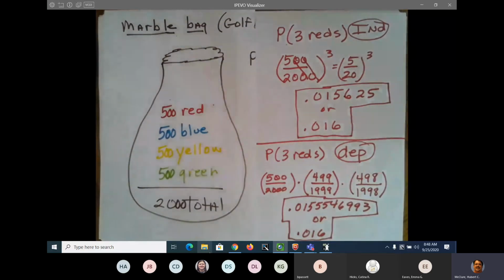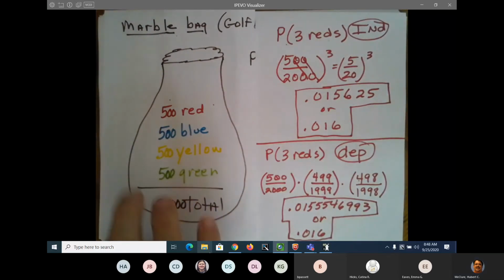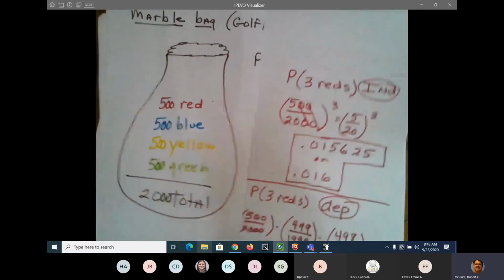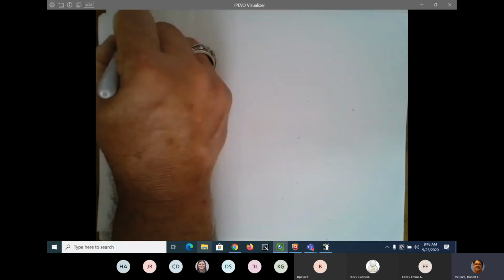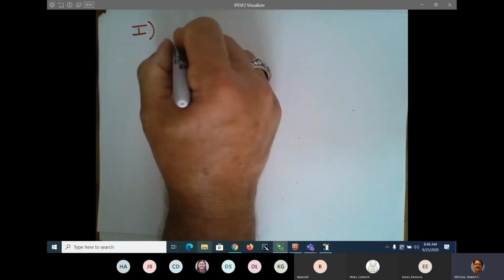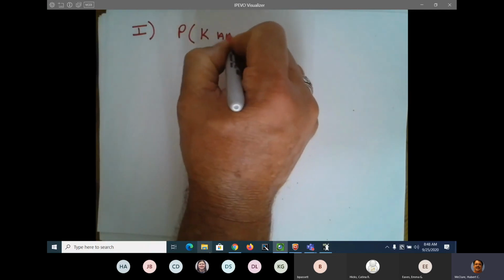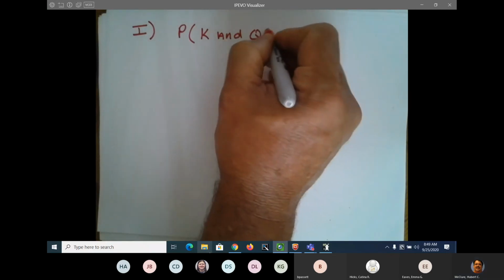Question on that one? So there's several types of questions in this section, 5.3. What types are they again? Well, the first type is going to be a general probability of a king and a queen.